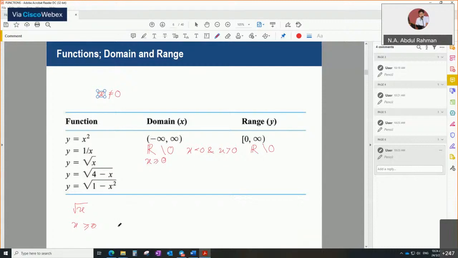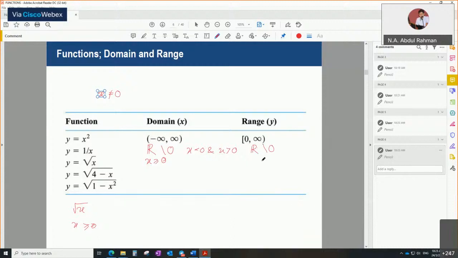Because if it is less than 0, of course, we do have tools to handle that kind of numbers, but that involves imaginary numbers. In this syllabus, we are going to focus on real numbers only. But if you are interested in complex numbers, feel free to explore it on your own after this.